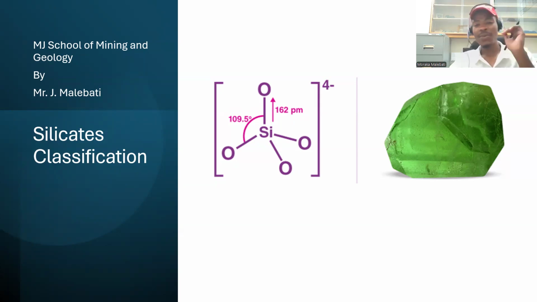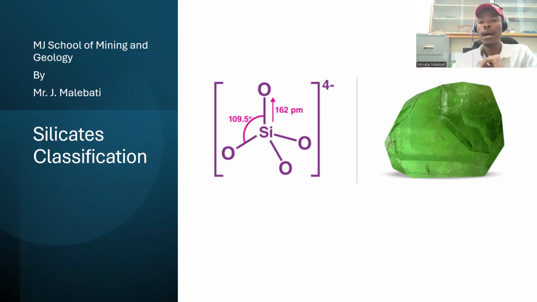In today's session, we are dealing with the silicate classification. We're going to be looking at the group called the silicates, which is just a large group of minerals that are made up of silicon and oxygen.